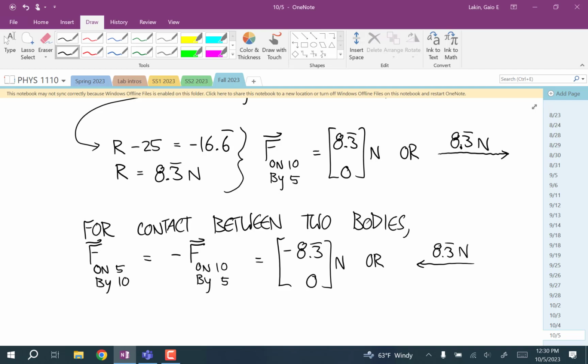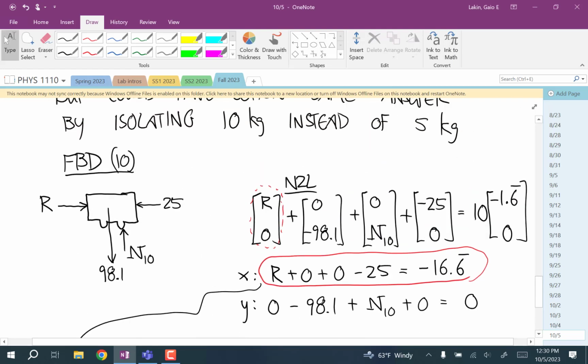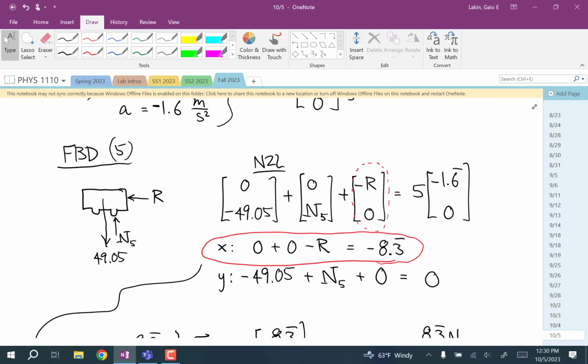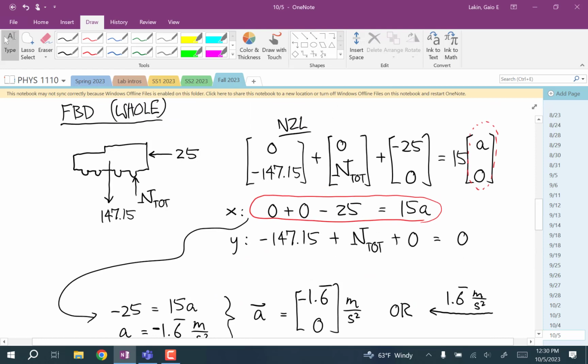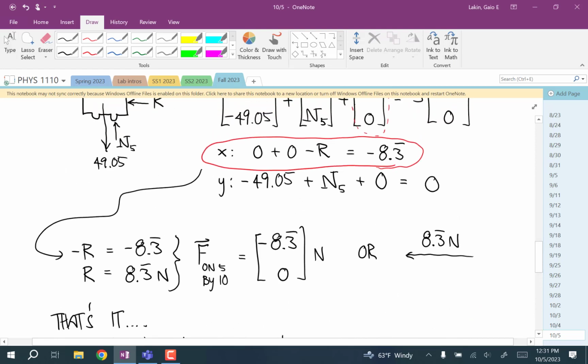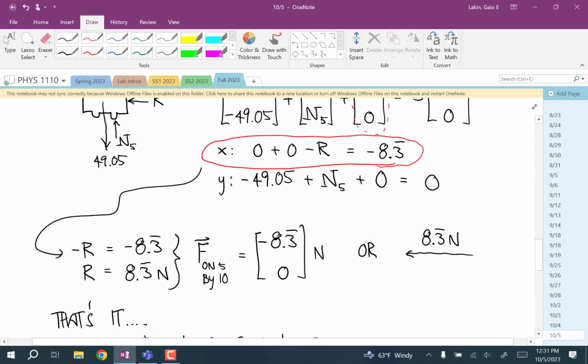Does anyone have any questions before I keep going? The thing that's surprising about that is, notice that when we isolated the 5 kilogram thing, there was nowhere on here where we said anything about that 25 Newton force. When we isolated the 10, that 25 Newton force is there. So how does the first case know that that 25 Newton force is happening?